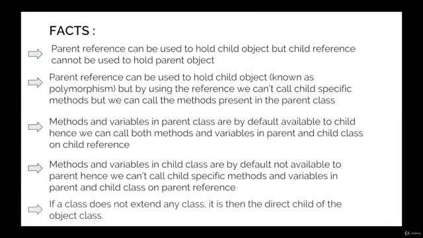The fifth fact is that if we do not extend any class, then that particular class is the direct child of the object class. What this means is the object class is the parent of every class in Java. If we have created a class and we don't have a parent to that class in our code, by default the compiler will make sure that it's the direct child of the object class.